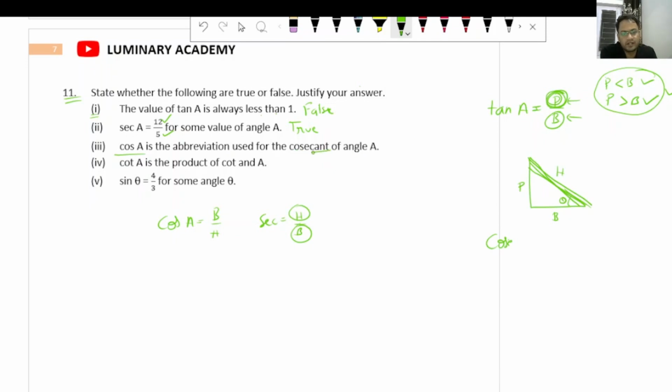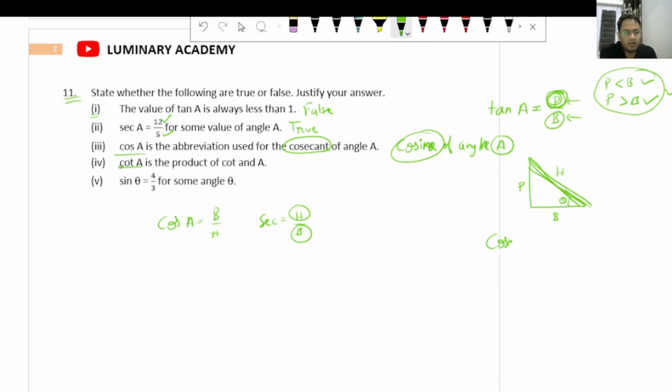Now, cos A is the abbreviation used for cosecant of angle A. No, it is not cosecant, it is cosine. So it is cosine of angle A. This is the word, cosine, and here cosecant is written, that is wrong.